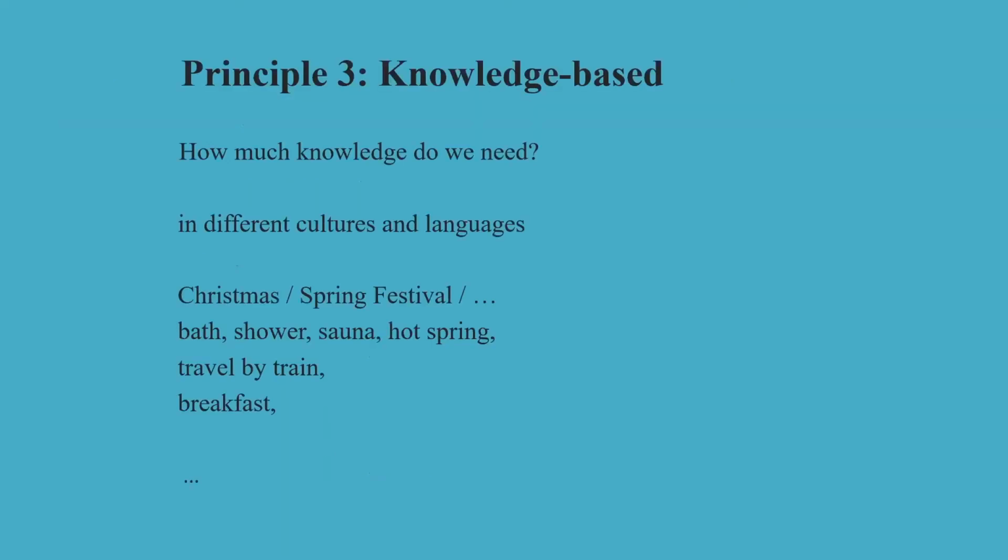And then people came across the knowledge-based approach. And then another very important question pops up: how much knowledge do we need? Because in different cultures and languages, knowledge could be very different.